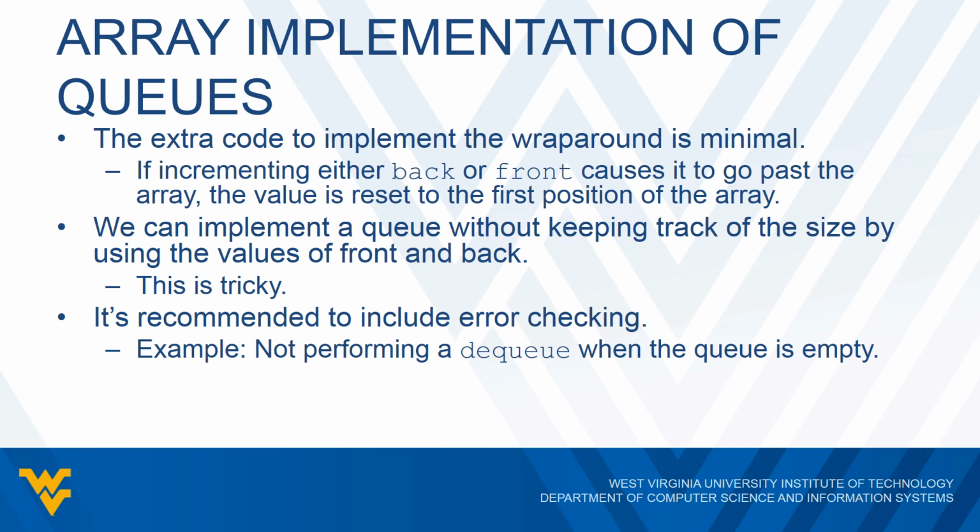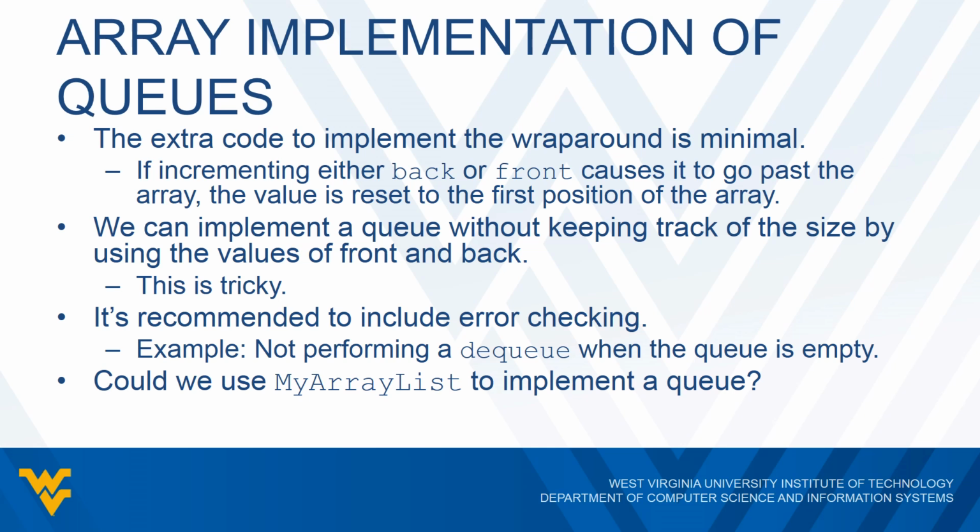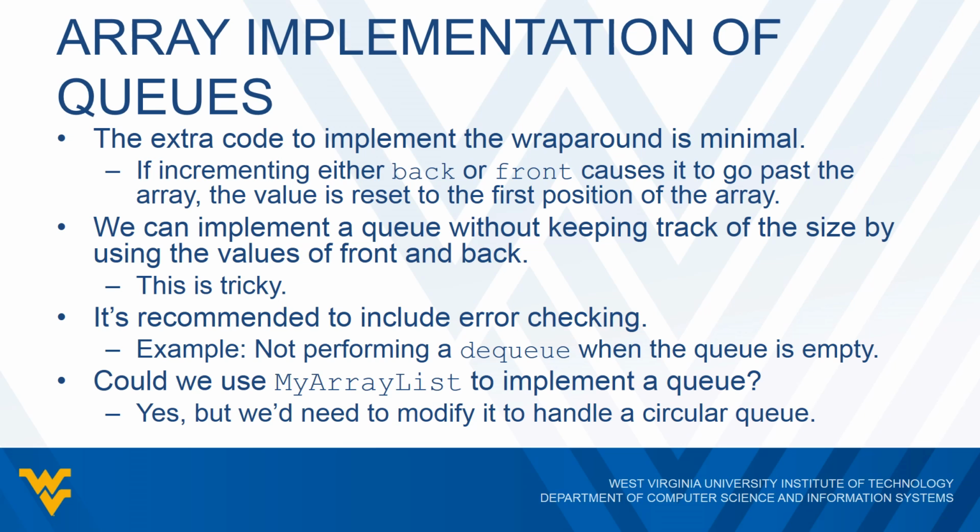Now, a question that is worth asking is, could we use already existing implementations to implement this queue? So could we use something like MyArrayList to implement it? The answer to that is yes, we can do it, but we would have to make a lot of modifications because we would need to handle a circular queue. We don't have that here. So in this particular case, it's probably best to use our own implementation for the queue.